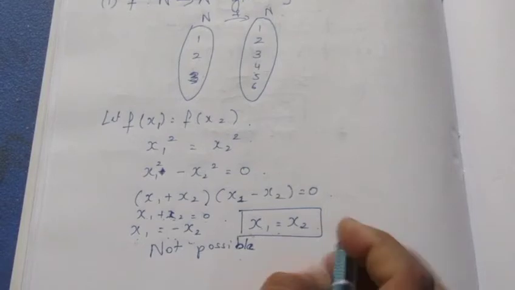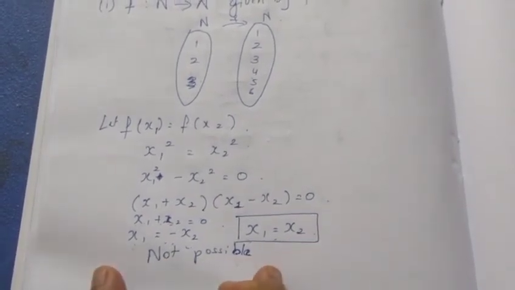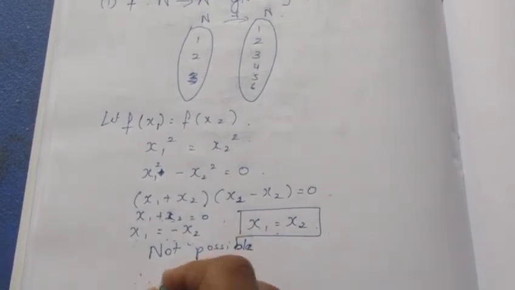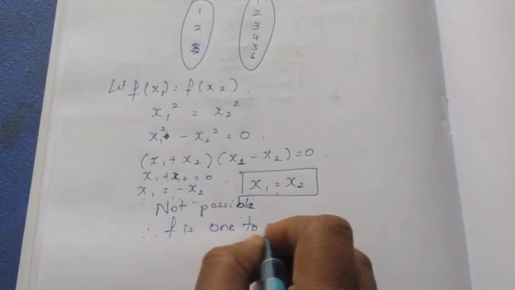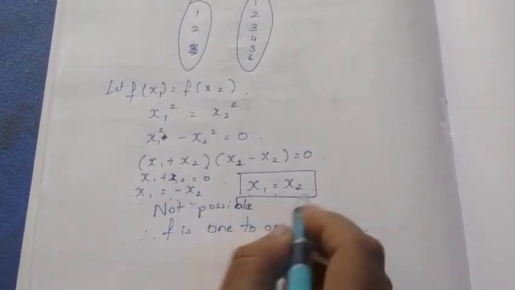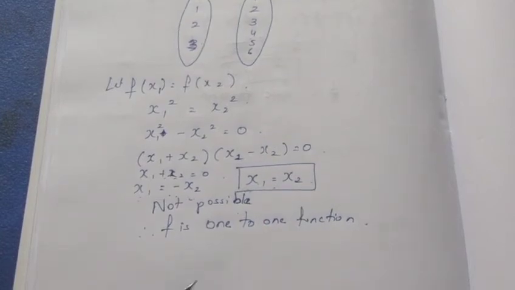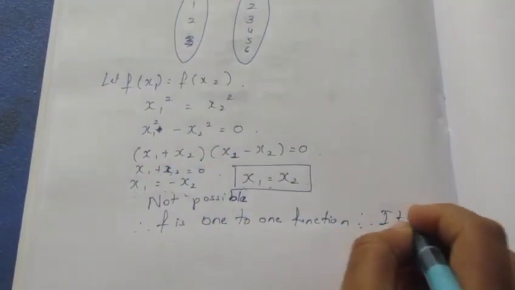We know that x1 is equal to x2 means it is a one to one function. Leaving the impossible case, from this we can say therefore f is a one to one function, because we have got that x1 is equal to x2. Therefore it is injective.